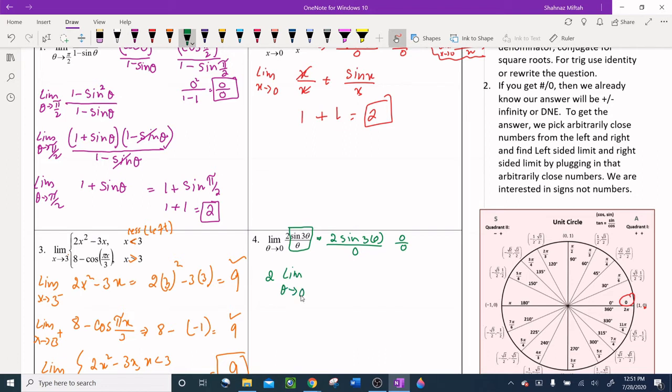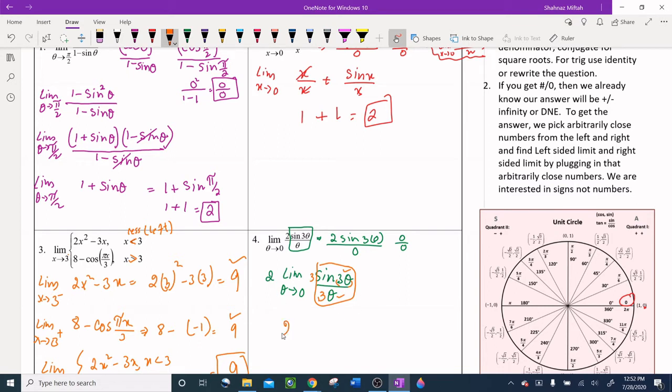I just want to move it so I can have something that I can change around. This is what I got. Now I'm going to use a different color, and if you guys see, if I multiply by 3 here and by 3 here, top and bottom, look at this, sine 3 theta over 3 theta, same argument and same denominator, so this whole thing equals 1.